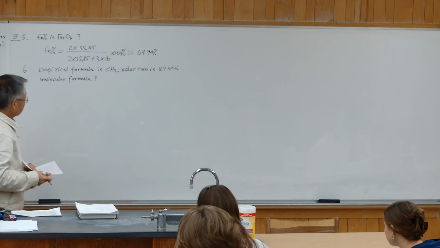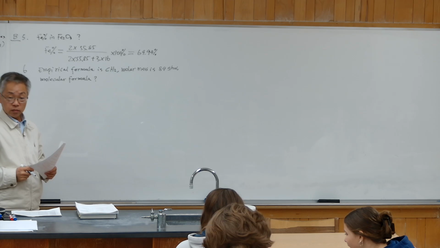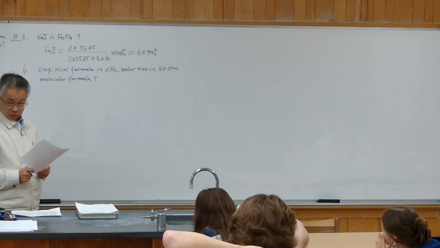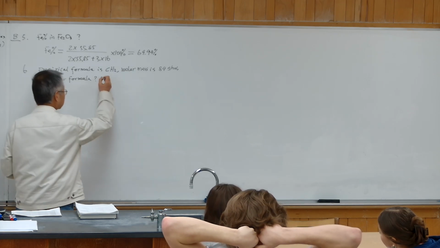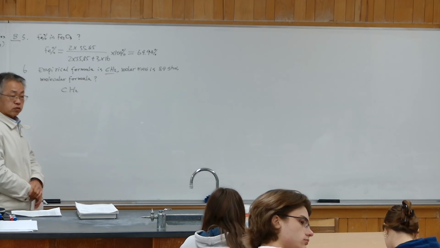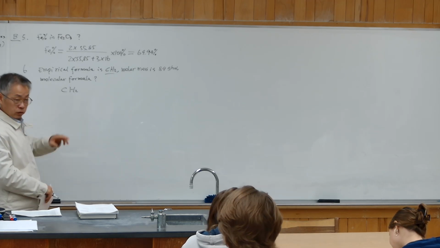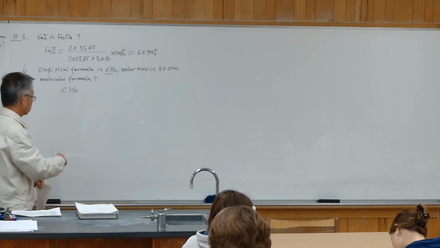So again, what is the difference between empirical formula and molecular formula? For the definition, everybody knows, right? The empirical formula is the simplest whole number ratio of atoms from each element. So here carbon is 1, hydrogen is 2, a whole number ratio of 1 to 2.